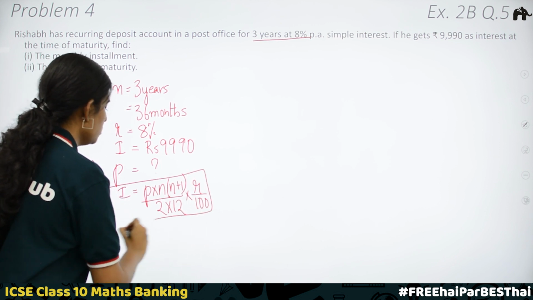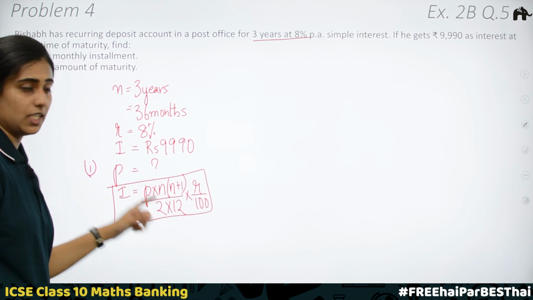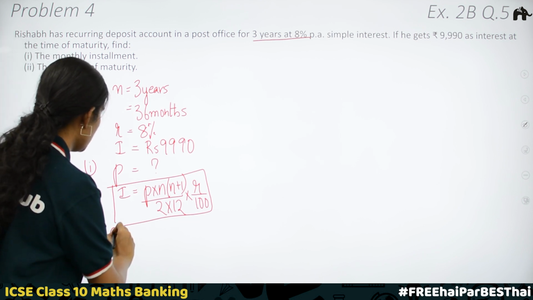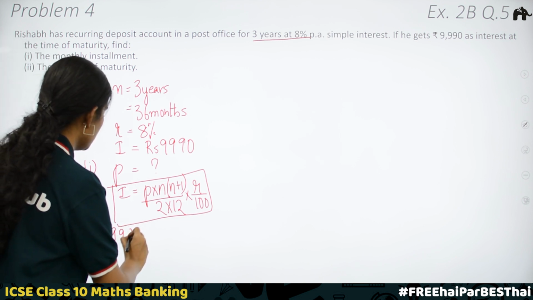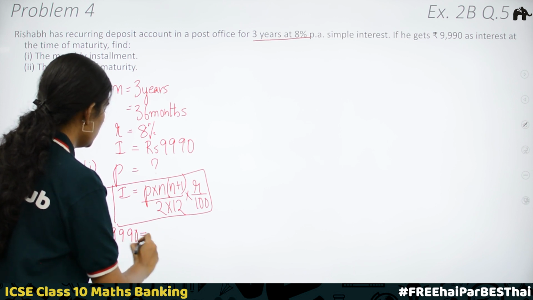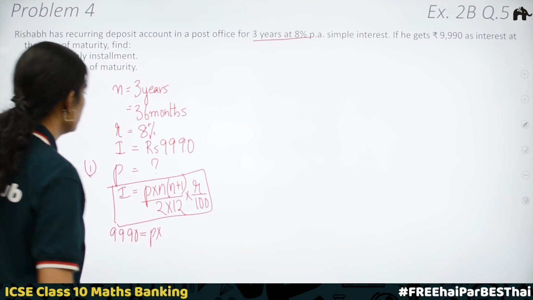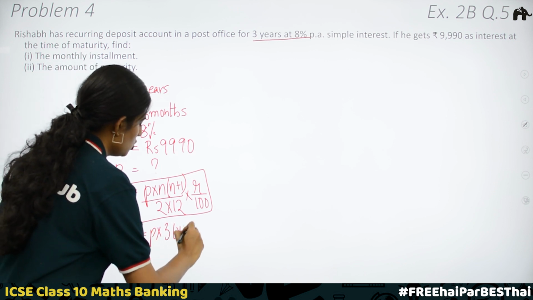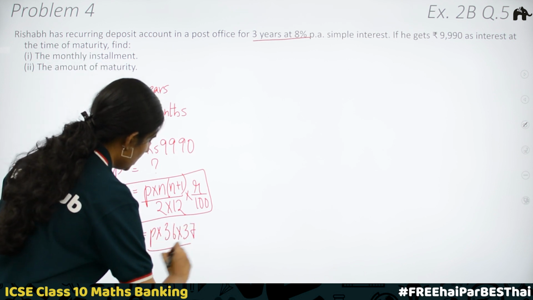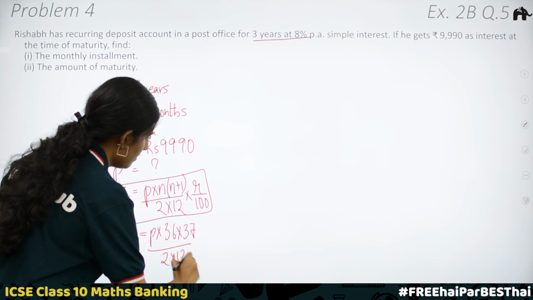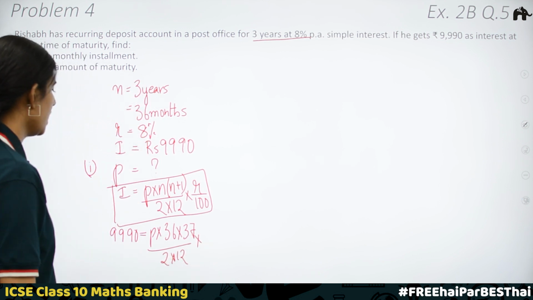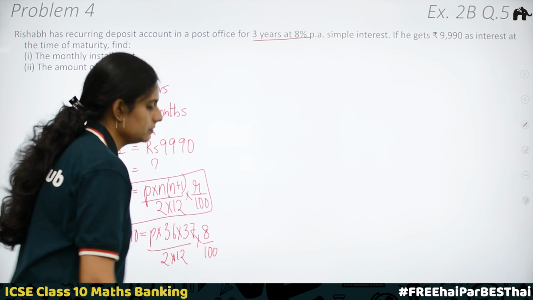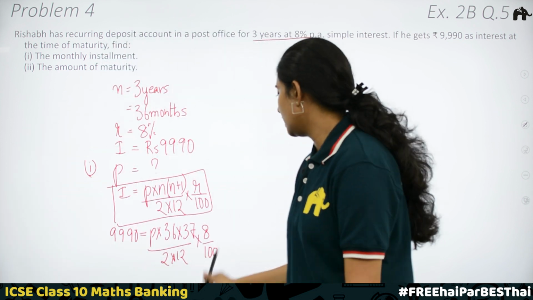Using this equation, you can find the value of P. Here the given values are 9,990 is equal to P into 36 into 37 divided by 2 into 12 into R by 100, that is 8 divided by 100.